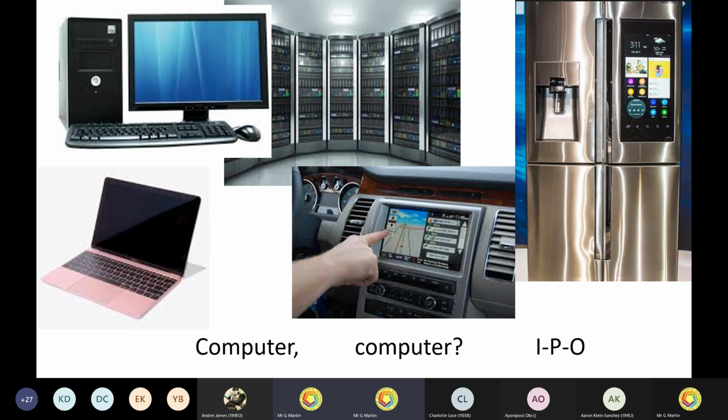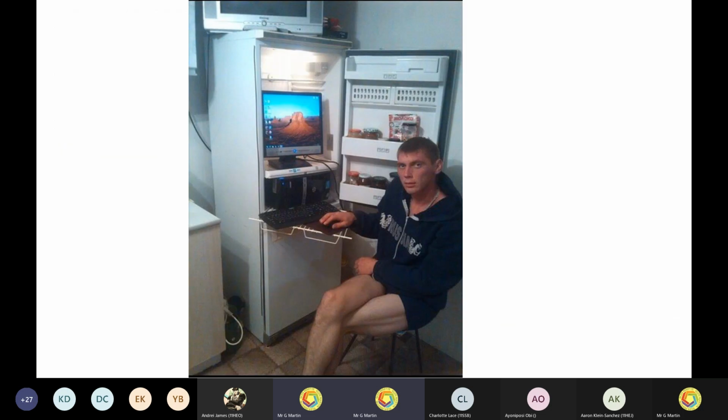Oh look, top right is a fridge. And people say, yep, there's a computer. You get computers everywhere nowadays, even in fridges. Well, that's actually not right. They're not computers. They might have been developed using computers, but when they have finished, they are then put into a processor. And that is different. If you really want to see a computer in a fridge, then there's one. That is a computer in the fridge. It's not a processor.